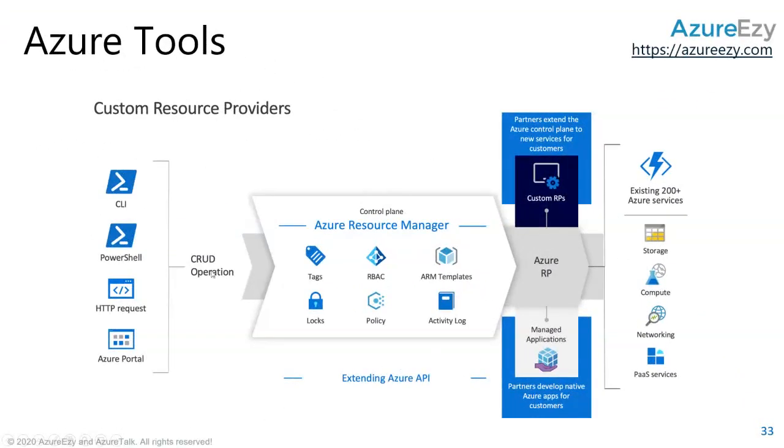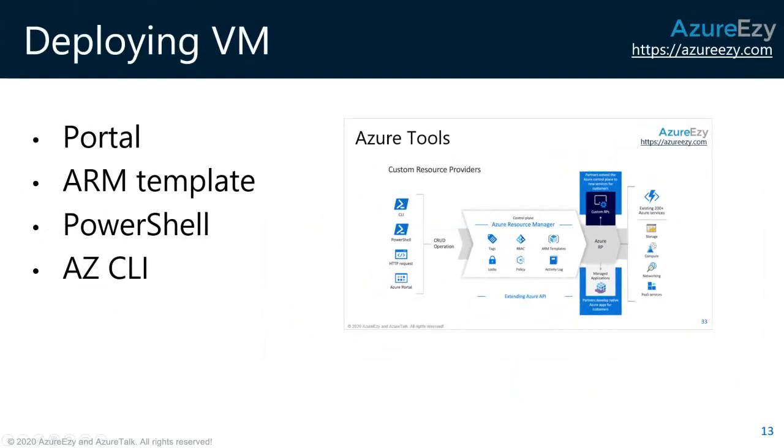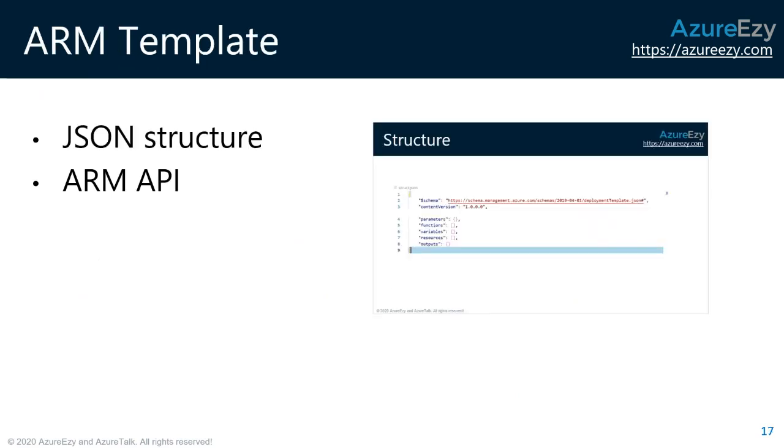You connect to this ARM template using this HTTP call, which is a REST API, and then things will work behind the scenes. You don't really have to worry about those things when you have an ARM template definition, you can work with it.